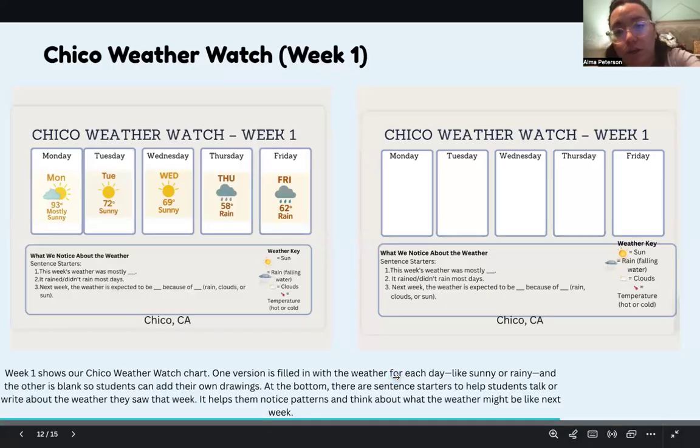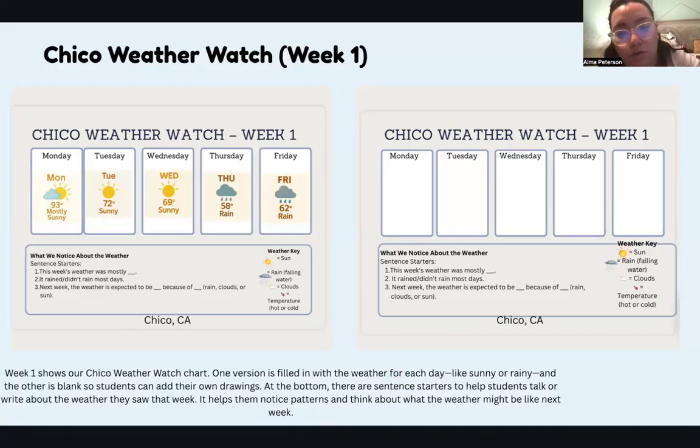And so these are the worksheets that I was talking about. For weeks 1 and 2, they're going to use the blank sheet and observe the weather. I want them to be able to answer the sentence starters. For the first week, I want them to understand what sentences are.